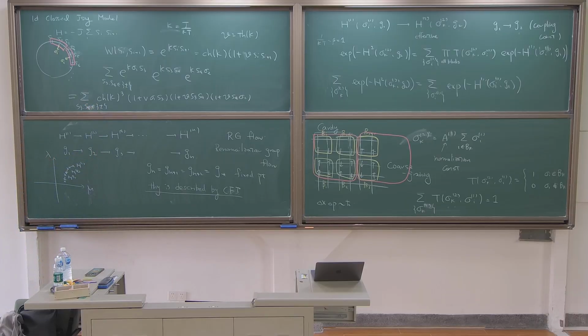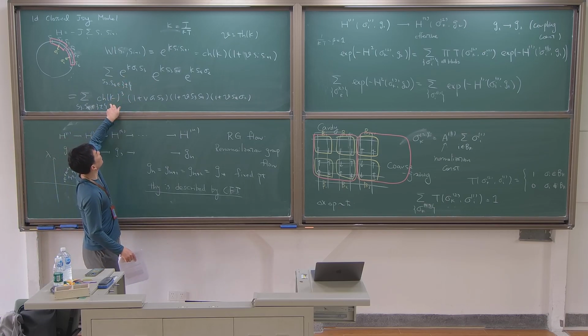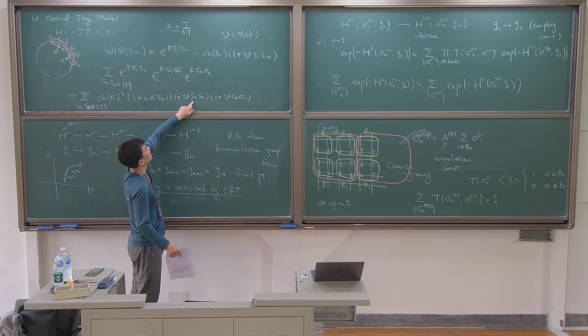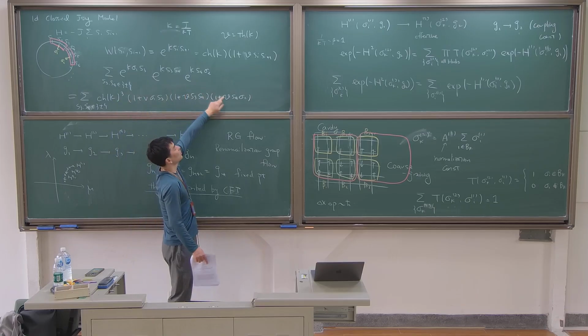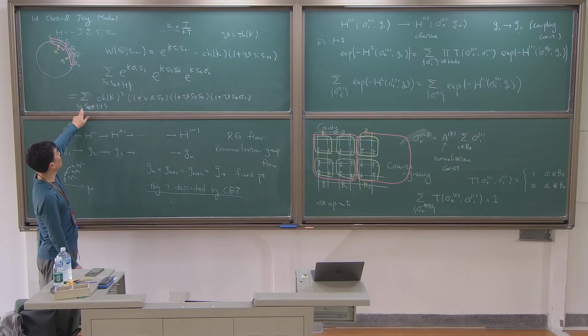So this one is this one times cosh K, this one is this one times cosh K, and this one is equal to this one times cosh K. Okay, so that's it. And now we average over S3 and S4.